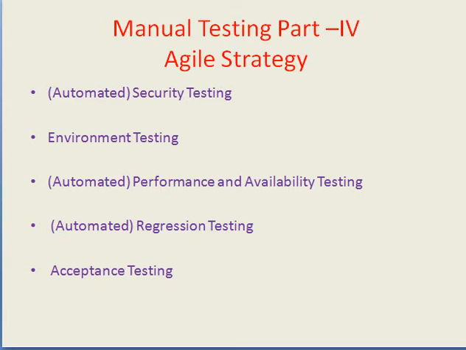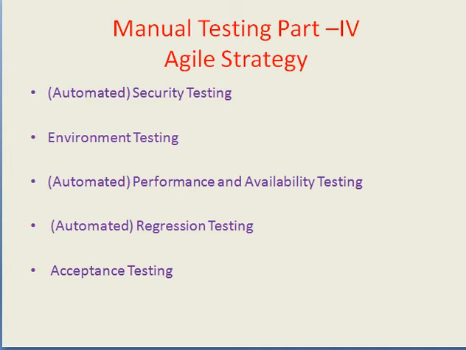Then there is regression testing. Regression testing means that all the previously working functionality is still working, and all the previously closed bugs are still closed. Then there is acceptance testing. Acceptance testing means testing against the earlier identified acceptance criteria.